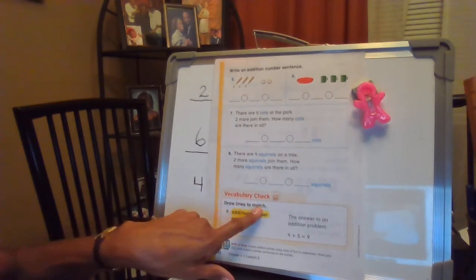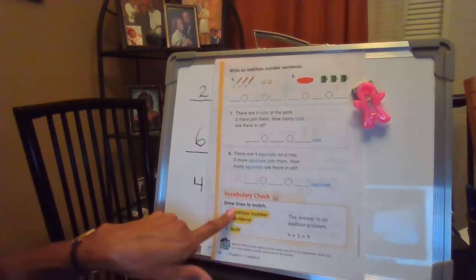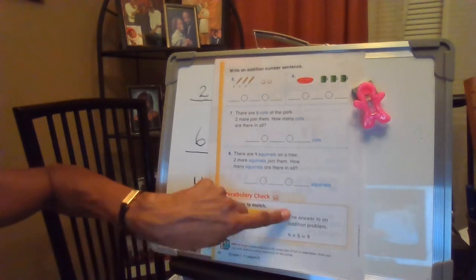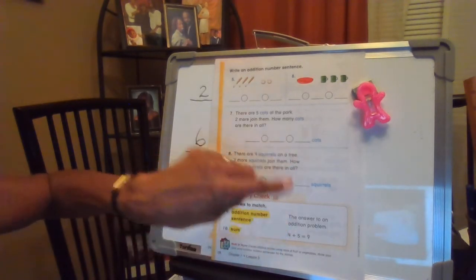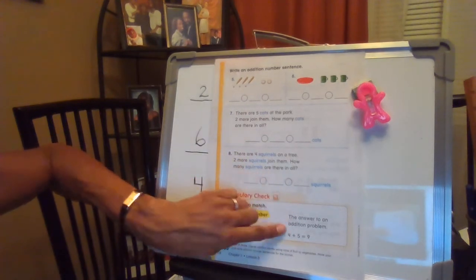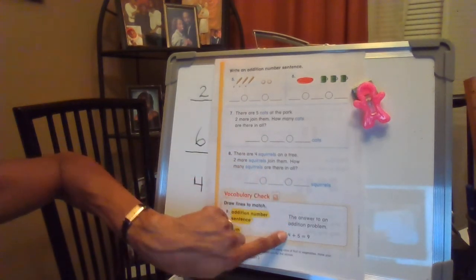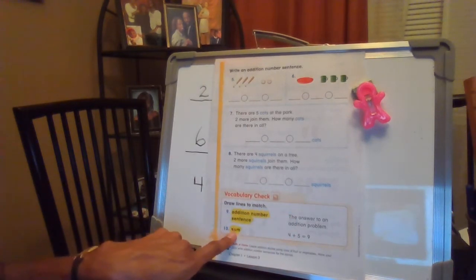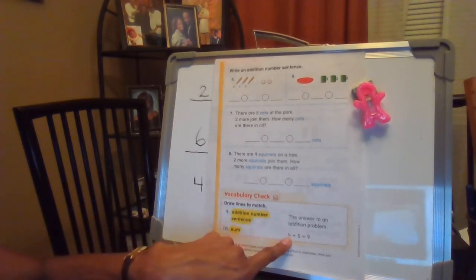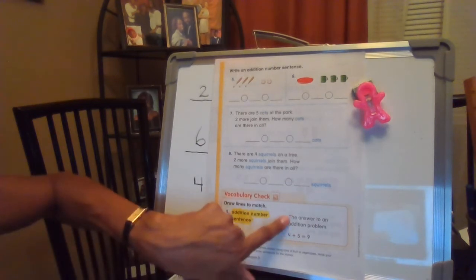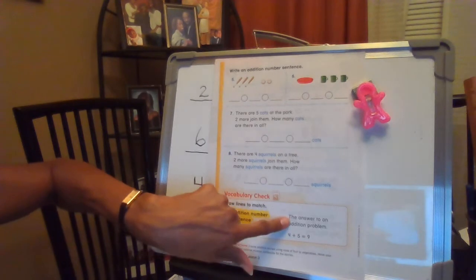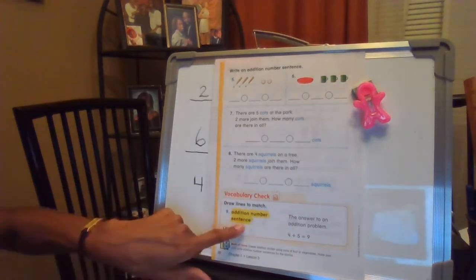Then your vocabulary check. Draw lines to match. So here's your words, addition number sentence. Which one on this side is an addition number sentence? Is it this sentence here or is it this sentence? So you would draw a line to one of them. Which one is a sum? Is that the meaning of a sum?